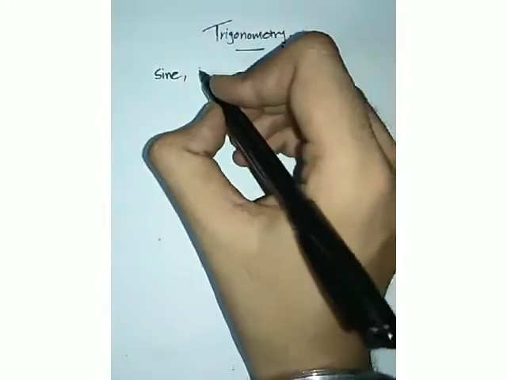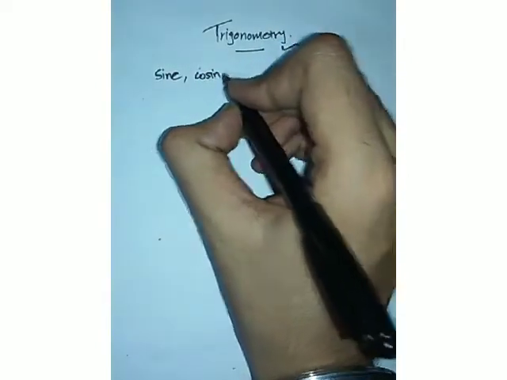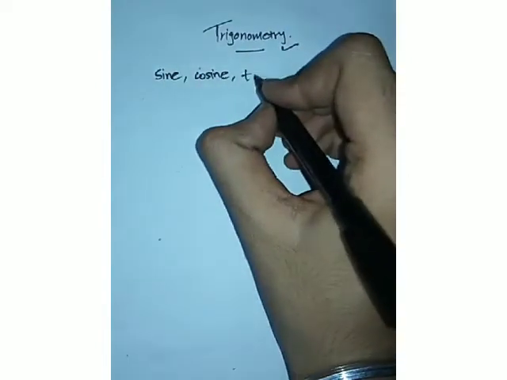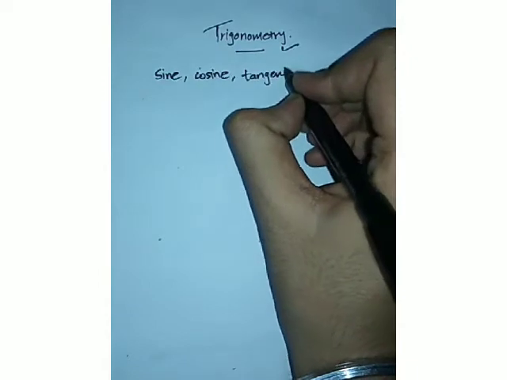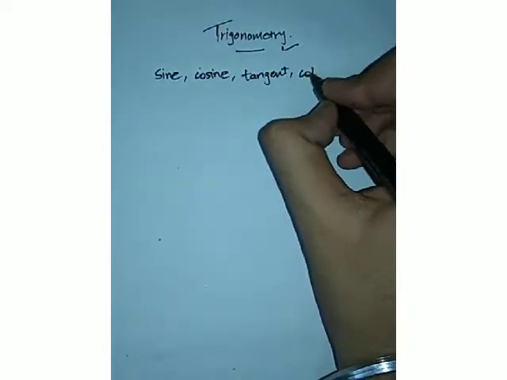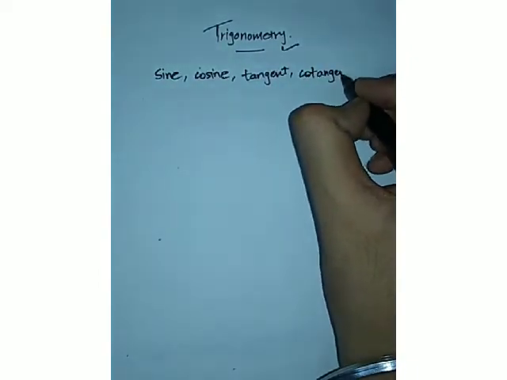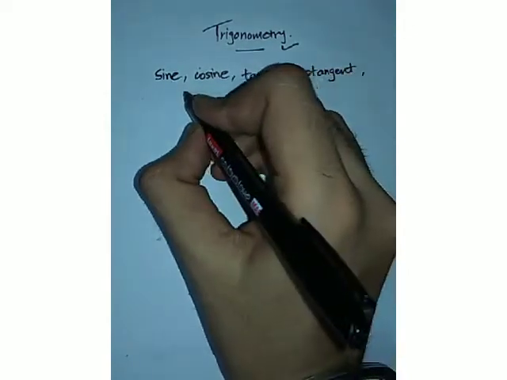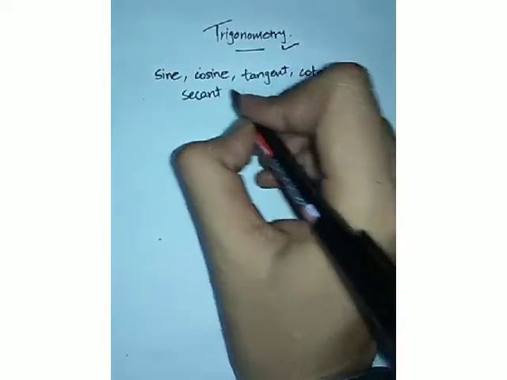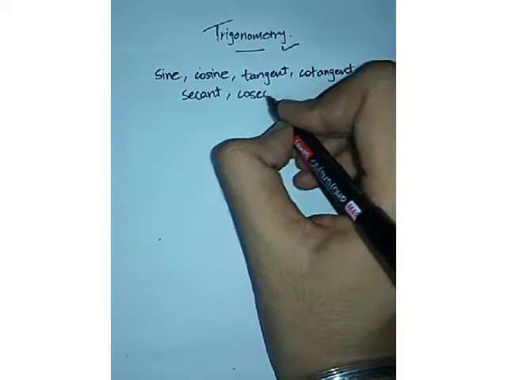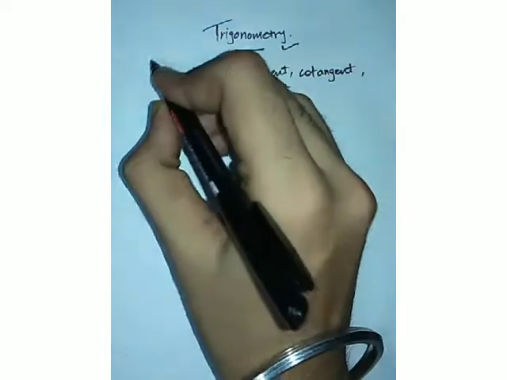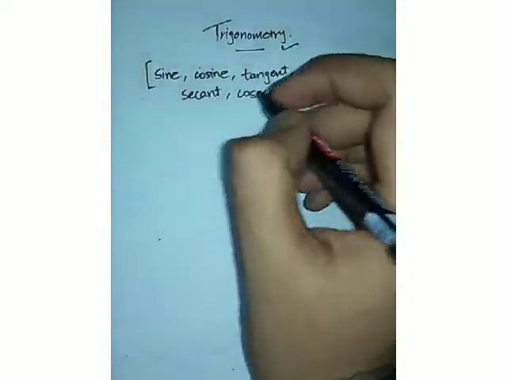First is sine, then there is cosine, then there is tangent, then there is cotangent, then secant, then cosecant. These are 6 trigonometric functions.